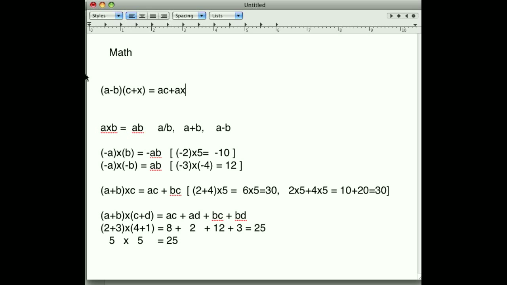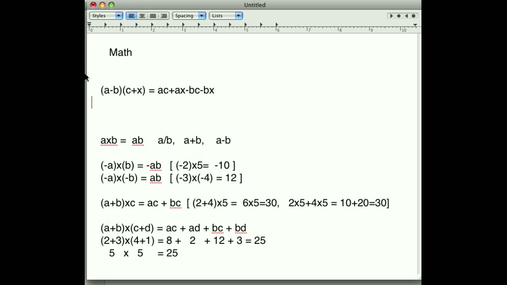And then I have minus B times C. Minus B times C, we know that it's supposed to be minus, so it's going to be minus BC. And the last one will be minus B times X, which will be minus BX. Okay, let's do one more, and this will be the most complicated.